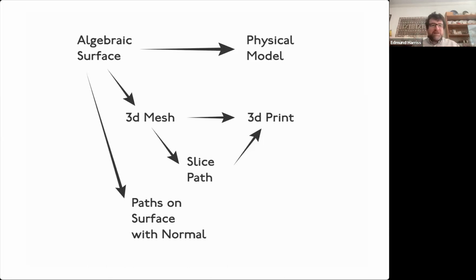Thinking about dimensions is quite fun here, because often we want to make surfaces, which are naturally two-dimensional objects, but the machine is basically moving a point with time, so that's naturally a one-dimensional process. So we've somehow got to get our two-dimensional thing down to a one-dimensional thing. And here the one-dimensional thing is these paths on the surface with normal. Then we can just put those into the machine and cut them.